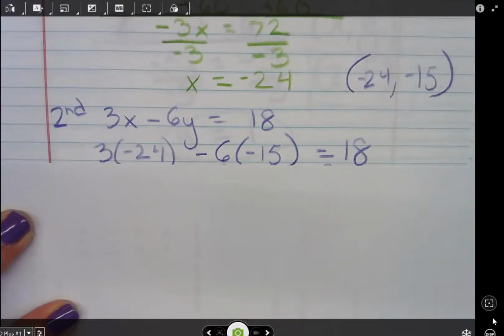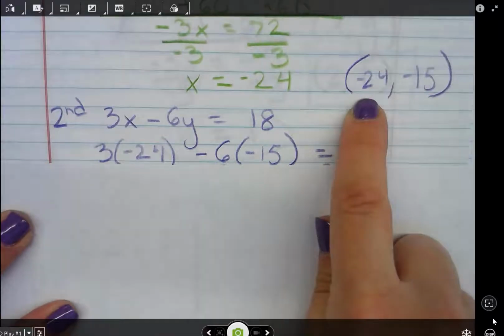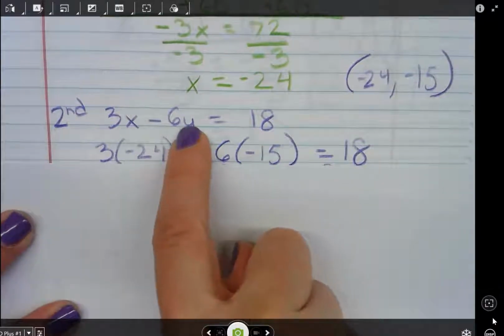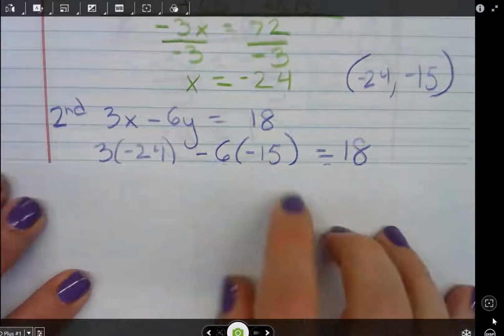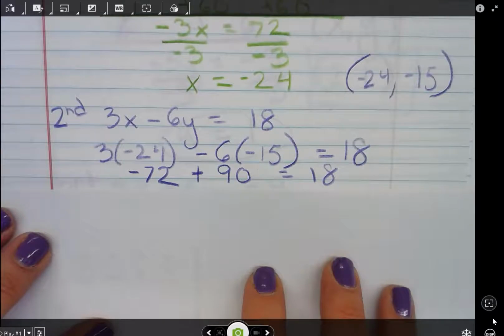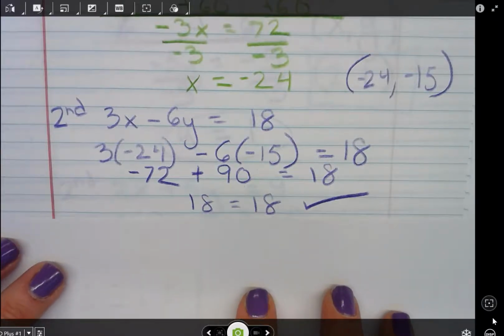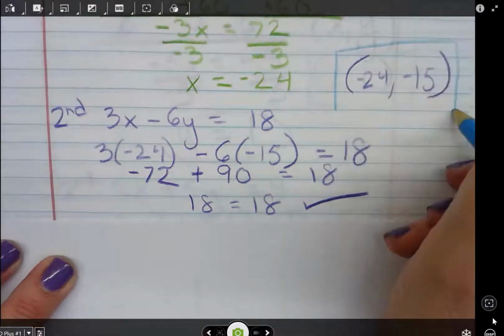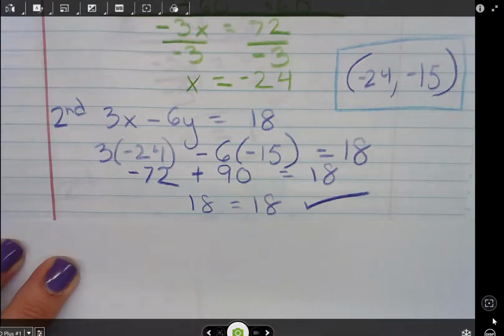So when I substitute in -24 for x into the equation and -15 for y in the equation, I can simplify. -72 plus 90, and that does give us 18. So we know we've solved the system correctly. So the solution of -24, -15 is the correct answer.